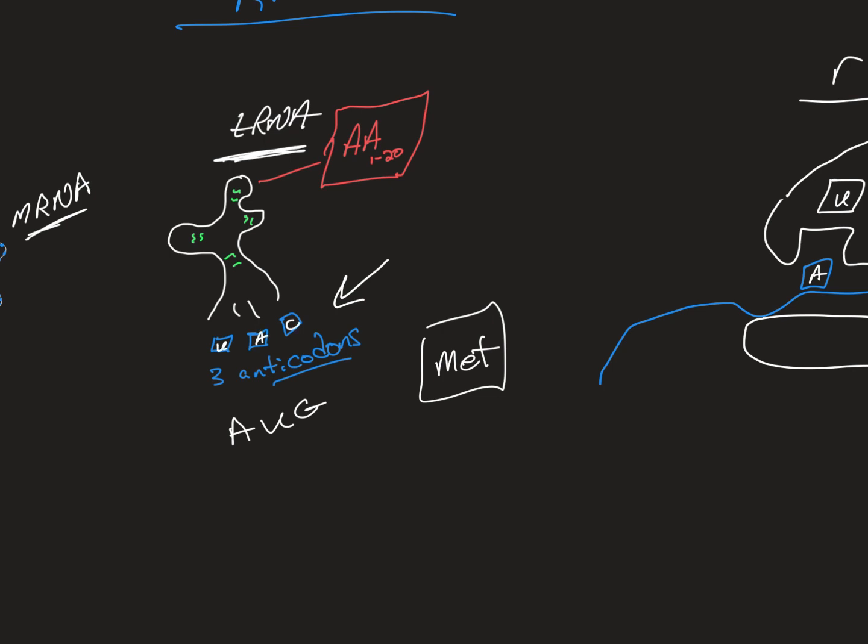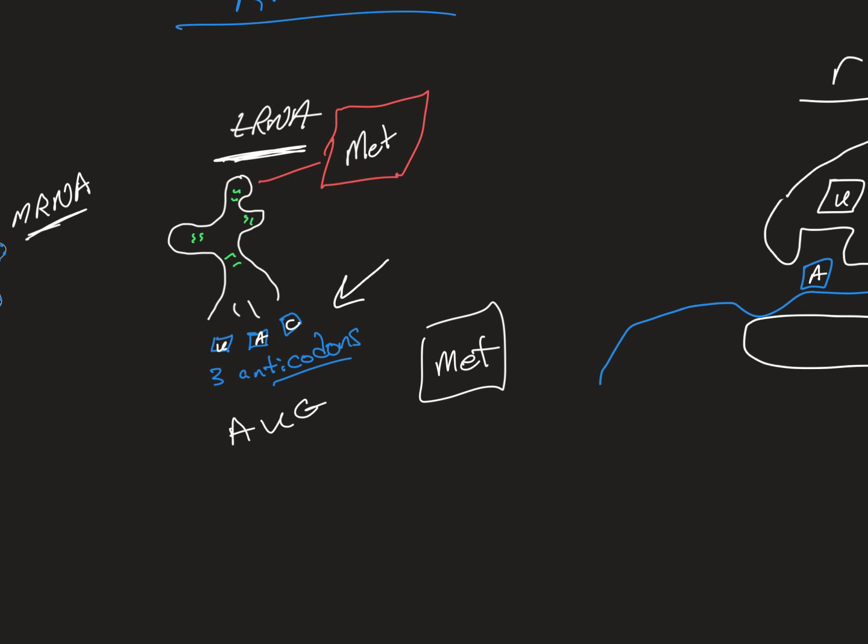And UAC is going to carry methionine. The good news is you don't have to know the anticodon. You only have to read the codon. If you know the codon, you know that it's going to be matched with methionine. Every tRNA is very specific to that amino acid. The UAC will never carry anything other than methionine. Is that clear?